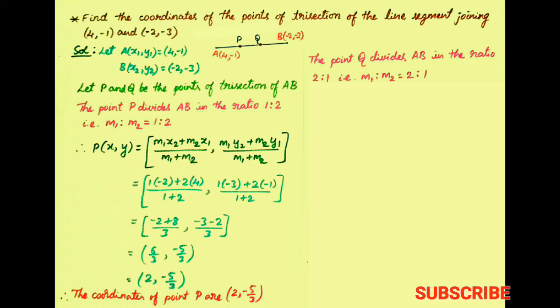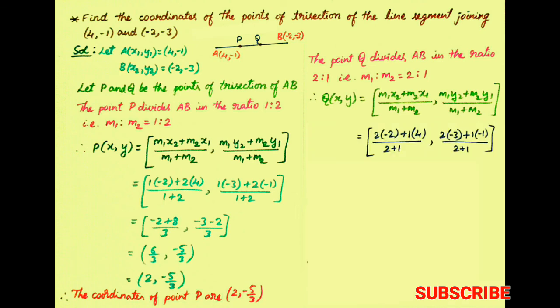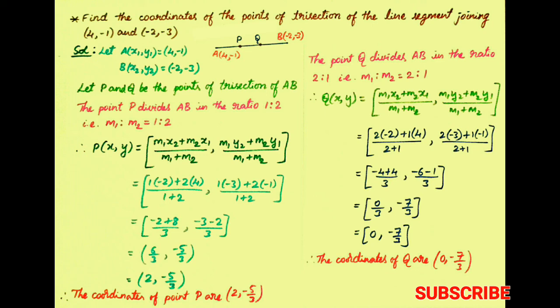Now take the section formula and substitute the values of x1, y1, x2, y2 and also the value of m1 is to m2 as 2 is to 1. And by simplifying this, we get the coordinates of Q as 0, minus 7 by 3.